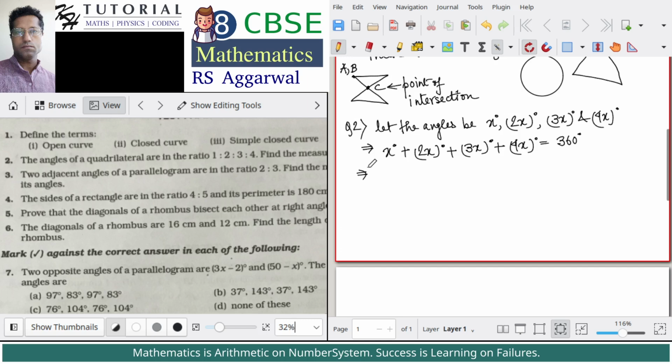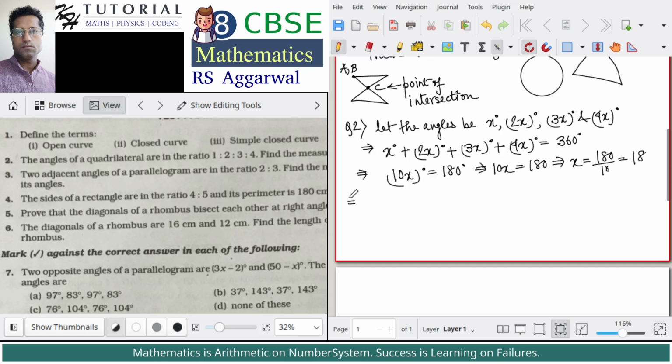Simplifying the left hand side, x plus 2x plus 3x plus 4x is 10x. So we have 10x degree is equal to 180 degree. Ignoring the degree, we can say that 10x is equal to 180. This implies x is equal to 180 by 10, that is 18.